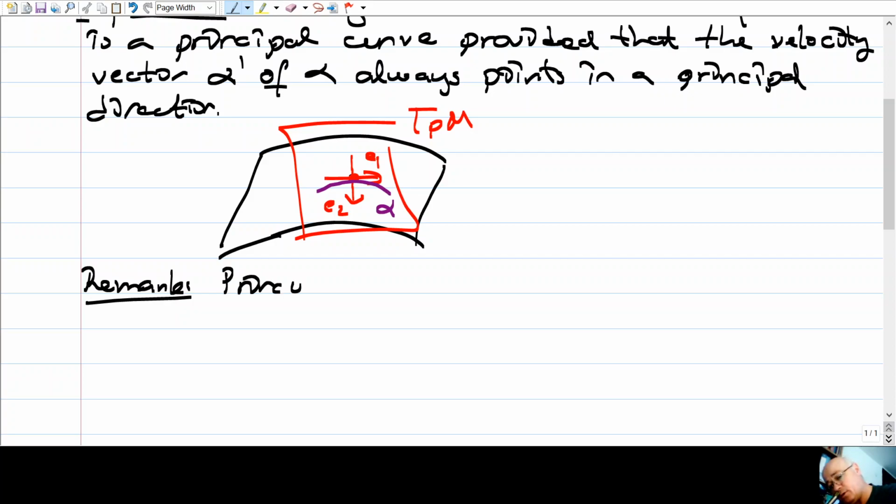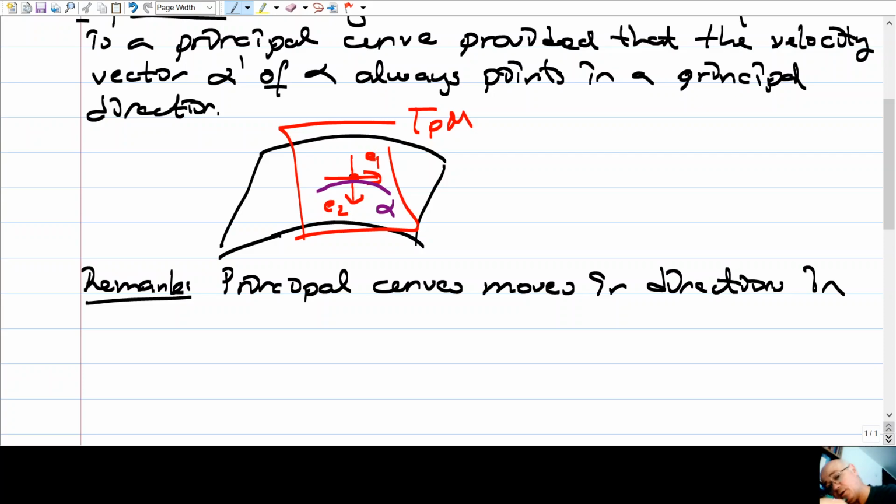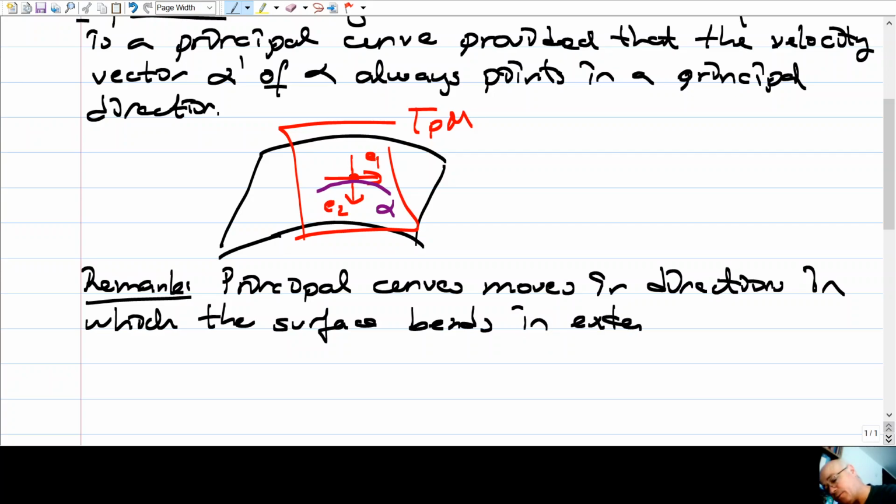Principal curves move in directions in which the surface bends the most, maybe I should say in extreme values, because principal directions are exactly those directions.